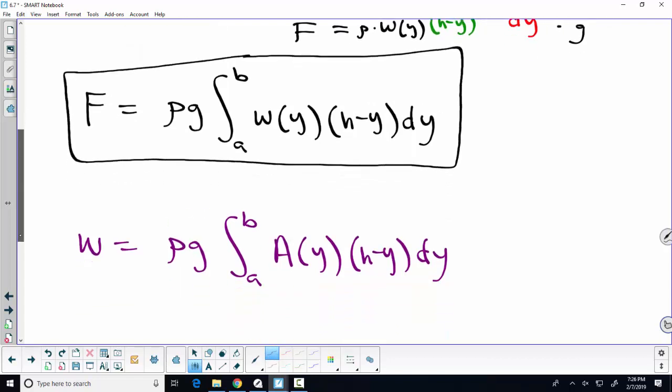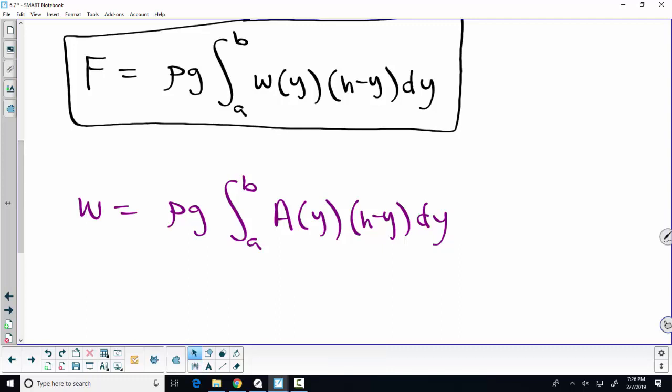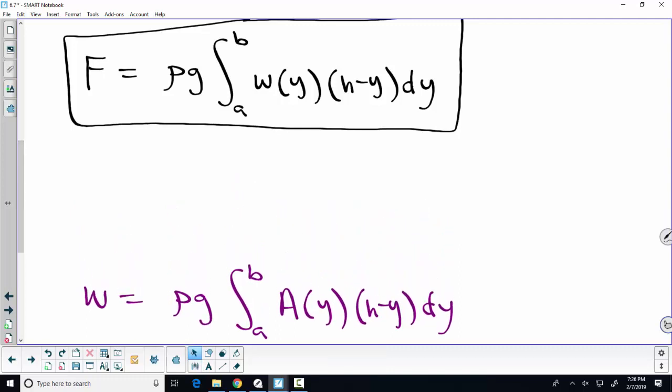Yeah, so the only thing we should point out here is W of y is the width function. Sometimes it's like a dam where it's holding back water. Sometimes it's like a viewing window in a swimming pool or something like that, but that's what we're measuring with W, the width of the face.